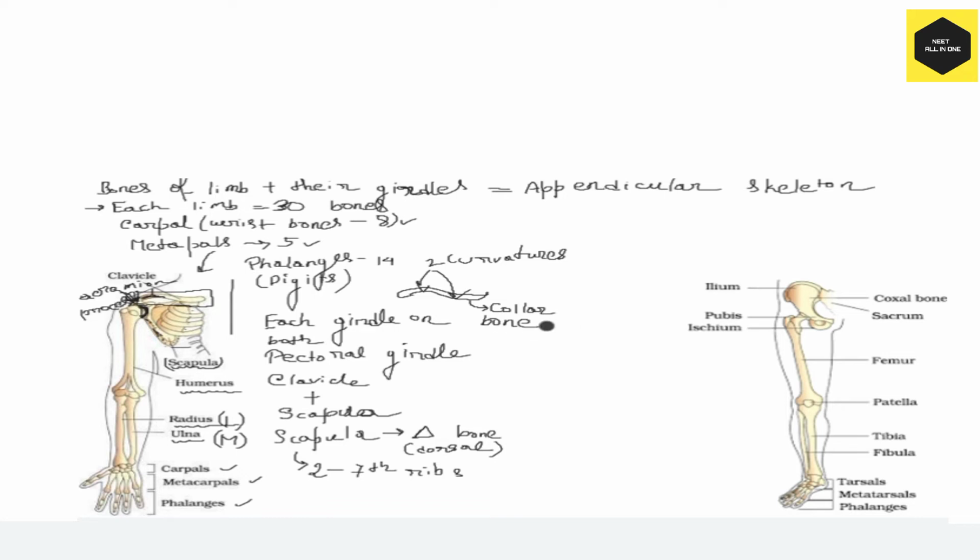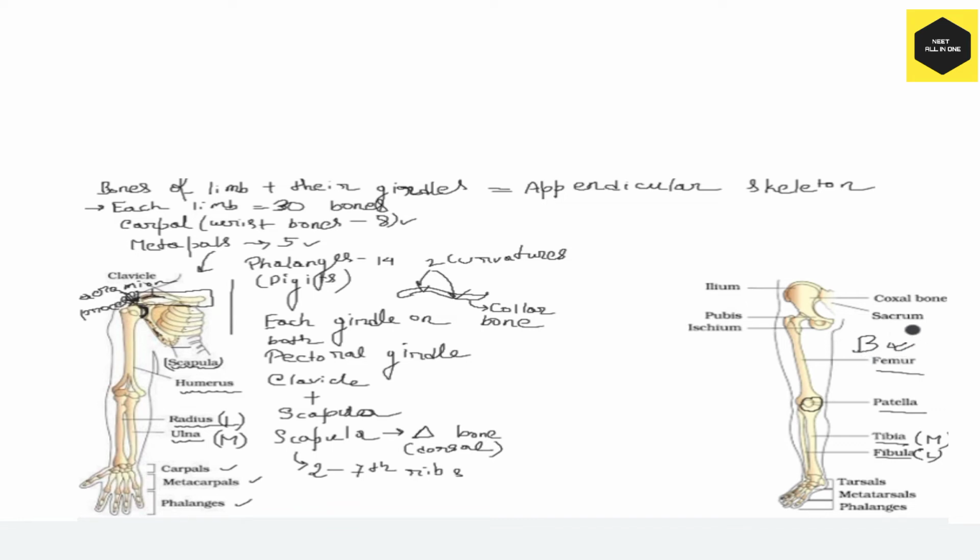Now let us see the bones of the leg. Obviously you will be having the femur, patella, this one. Then you have tibia and fibula. Fibula is present laterally, tibia is present medially, because this is the side of the body, isn't it?